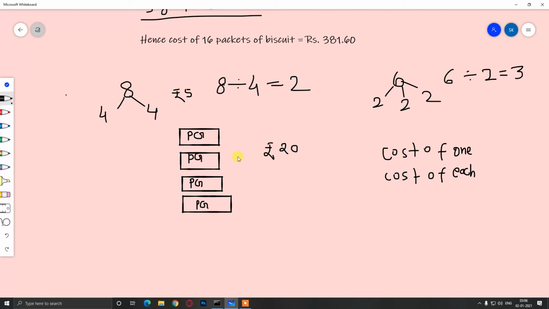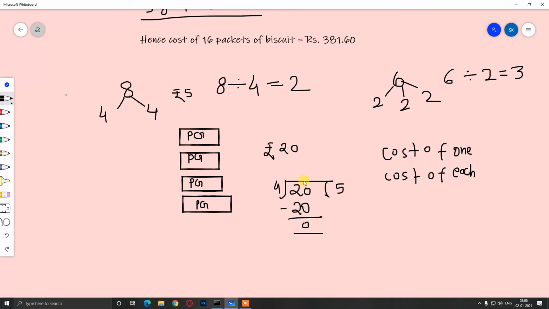So in such a case, we have to split this 20 into equal parts. For that, we just divide this 20 by the total number of Parle-G, that is 4. So 4 5s are 20, and you subtract, you will get 0.